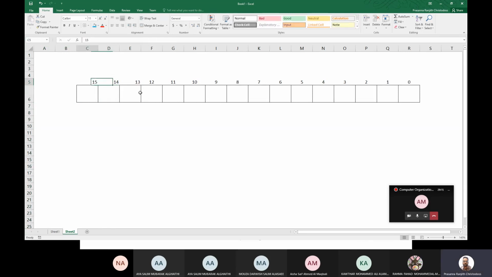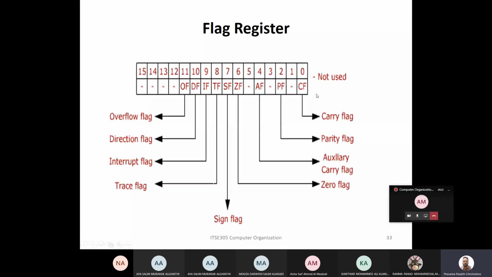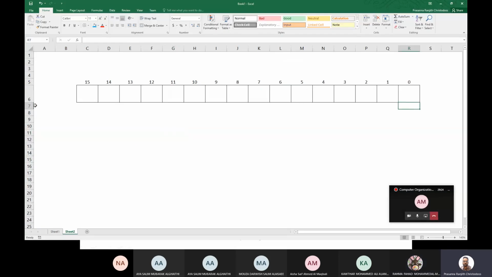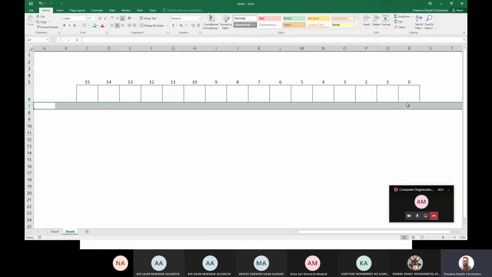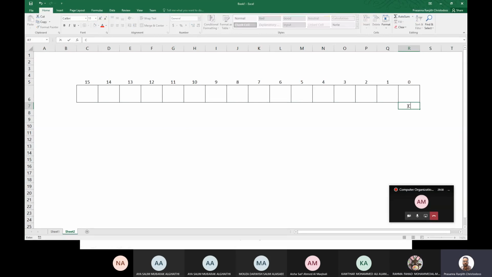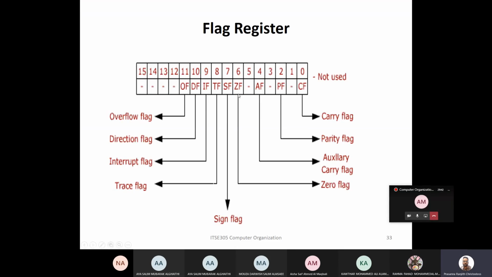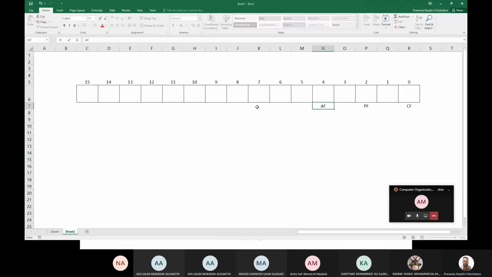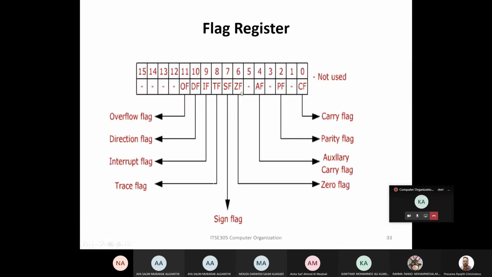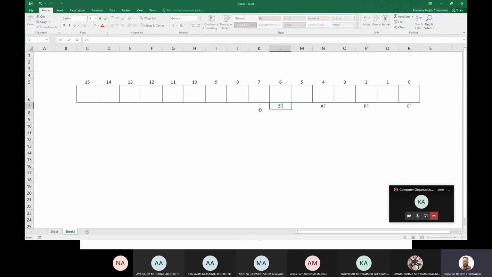So that means I have 16-bit. Are you with me? Yes, carry. So this is going to be the carry flag, parity flag. I'm going to explain one by one, okay? This one is the auxiliary flag, then zero, sign.